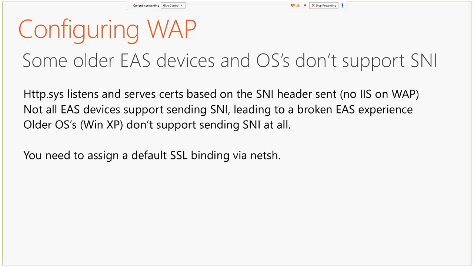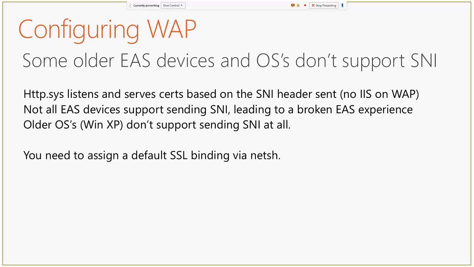And the way HTTP-sys does this is to serve up certificates based on the SNI header sent. So we would expect the client to send an SNI header. The thing is that older clients, like old EAS devices, old ActiveSync devices, or older operating systems like Windows XP, don't support sending SNI headers.